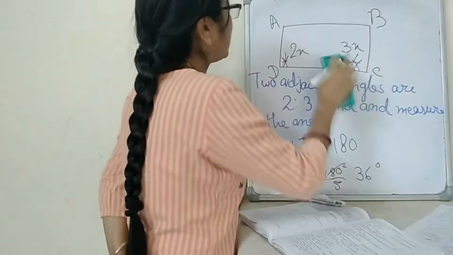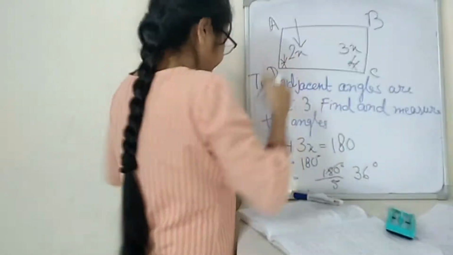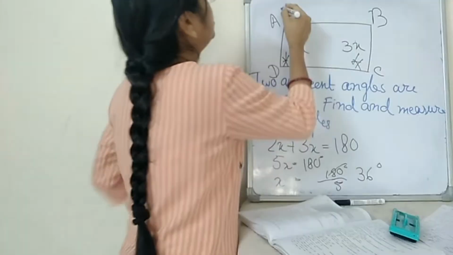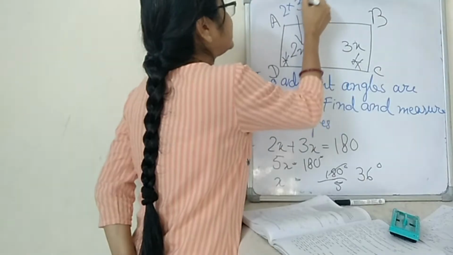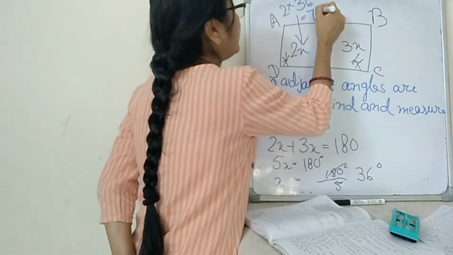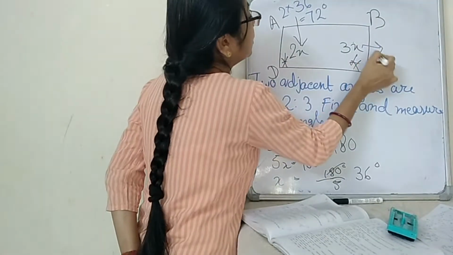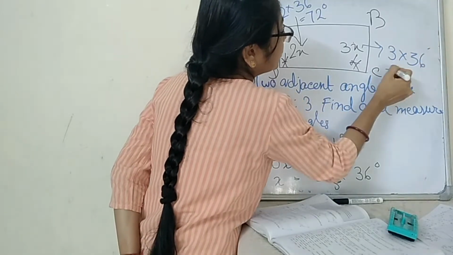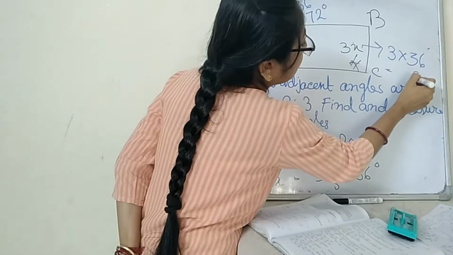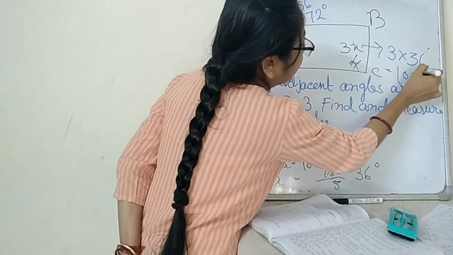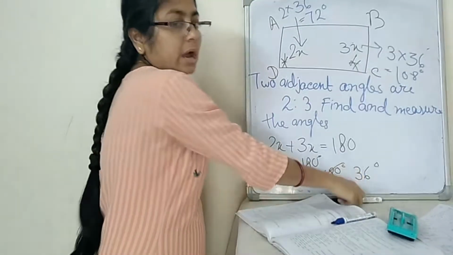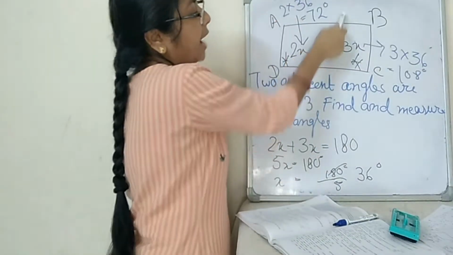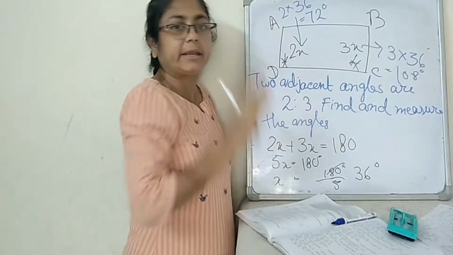So now come to this side. 2 into 36, 72 degrees. 3 into 36, 108 degrees. Clear? This is 72 degrees and this is 108 degrees.